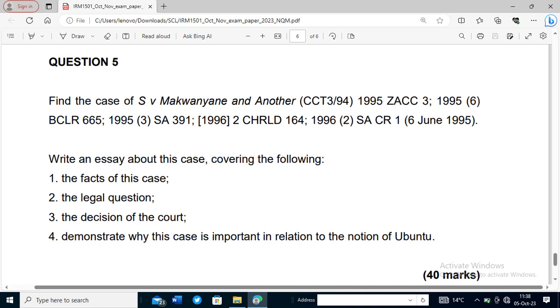So guys, if you check, Ubuntu appears more than 10 times there. Which means that this case is based on Ubuntu. So it is important for you guys to read and understand this case, so that you may be able to understand why Ubuntu fits in this. So you have to explain Ubuntu. Why is Ubuntu important in this case?